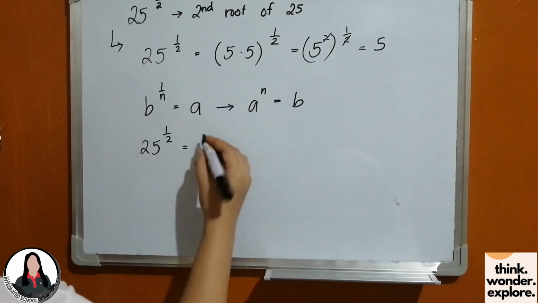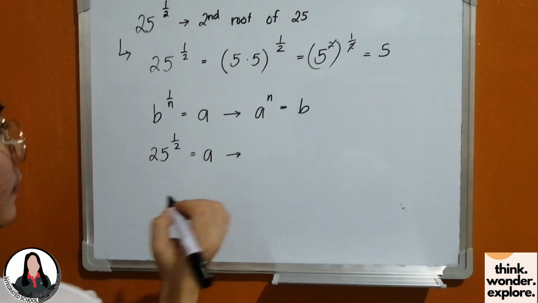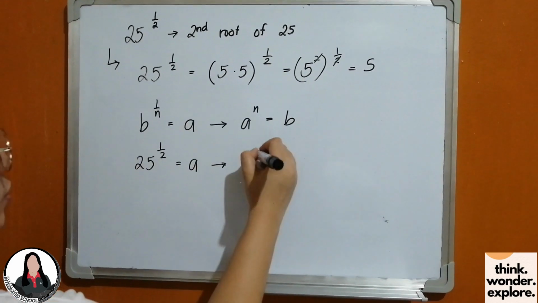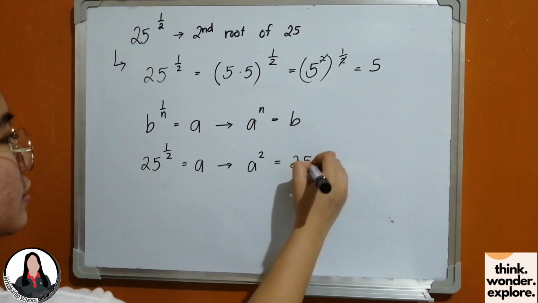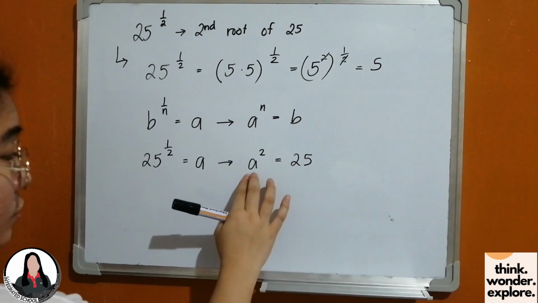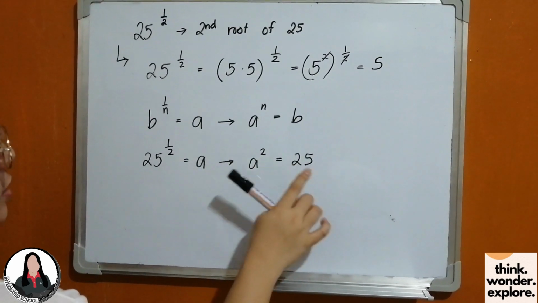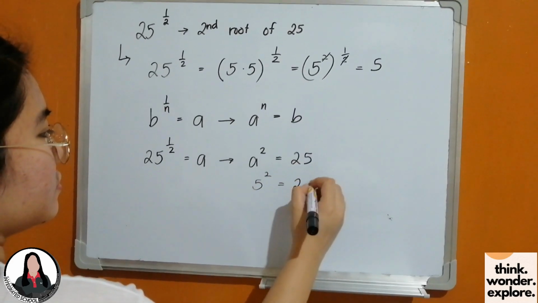Now, we are trying to find the value of a. Para makuha natin ang value of a, that a should be raised to n, in this case, that's 2, to get the value of 25, which is b. So, sa madaling salita, you are trying to find a number that when squared is equivalent to 25. So, therefore, that is 5.